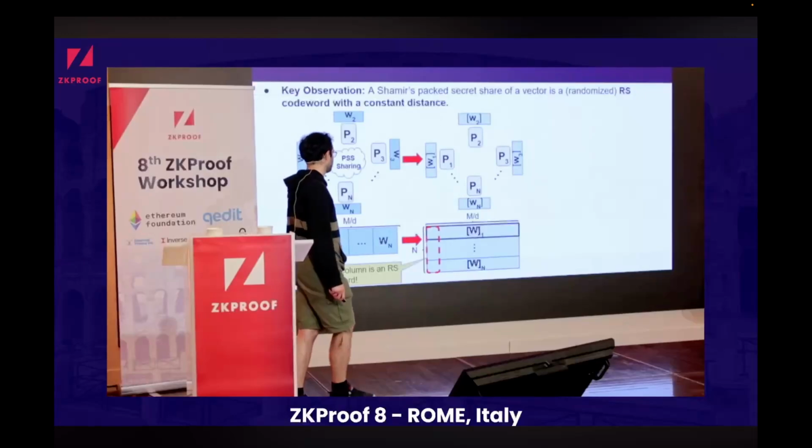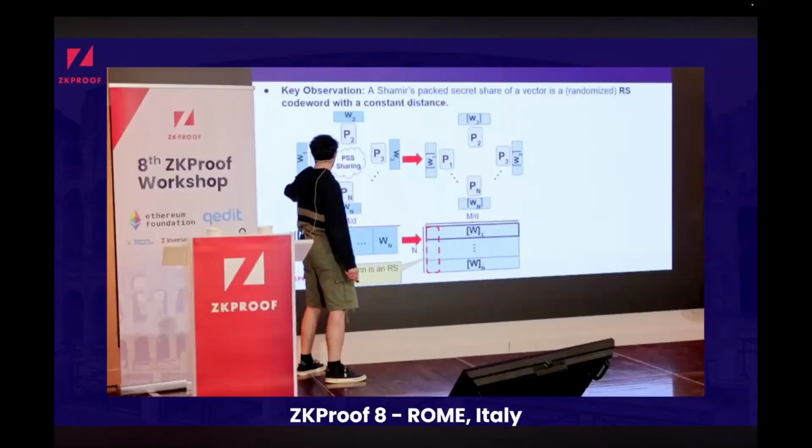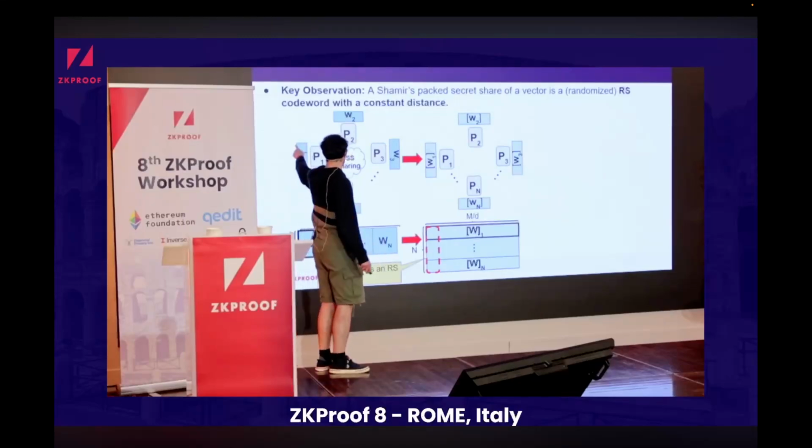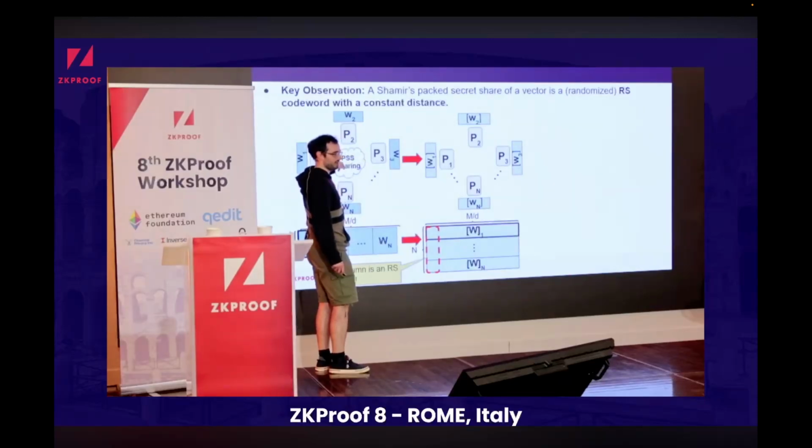Right. Wait, but what are they sharing exactly? Each one has part of the witness, right? Yes. So what are these shares? Now each party will break down this vector into smaller vectors, and then use a packed secret sharing scheme, and will send one element to each party.